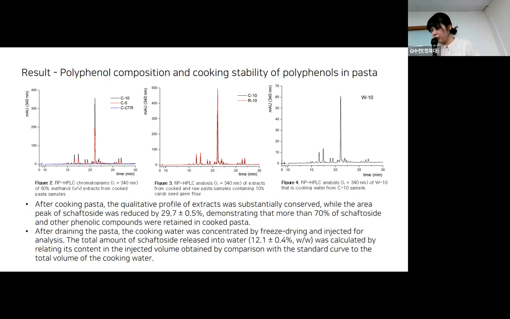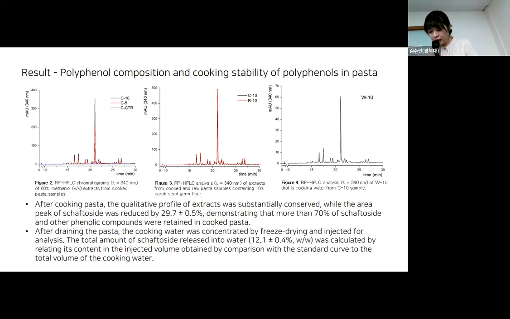And as you can see in figure 4, the analysis of the freeze-dried water resulting from cooking C10, which means W10, revealed that about 12.1% of schaftoside had been discharged, suggesting that approximately 17.6% of its original content might have decomposed or chemically bound to some matrix like the starch matrix of the pasta, and was no longer extractable.